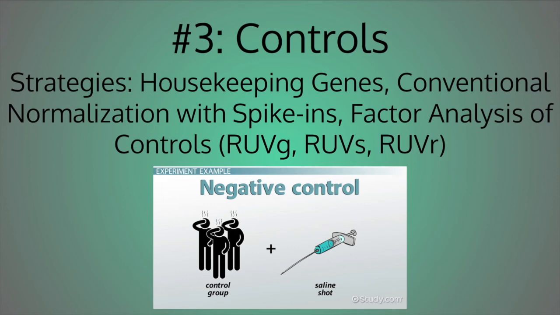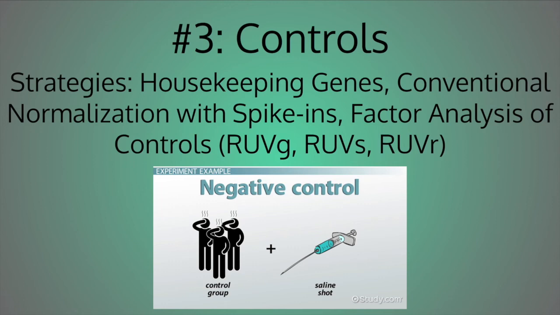But if there are cost barriers, or if you aren't able to have perfect controls, then it's sort of difficult to make this strategy work. But controls, in a sense, allow you to more closely get to that absolute value for mRNA. It's not going to be perfect, but it's a better way to get closer than the other normalization strategies.